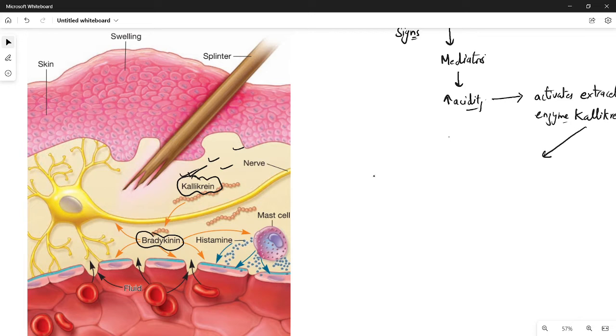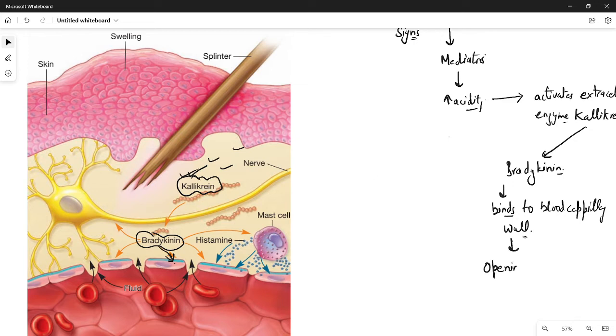Bradykinin binds to the receptors present in the blood capillary wall, the endothelial cells, and allows the opening of the cell junctions in the nearby blood capillary.